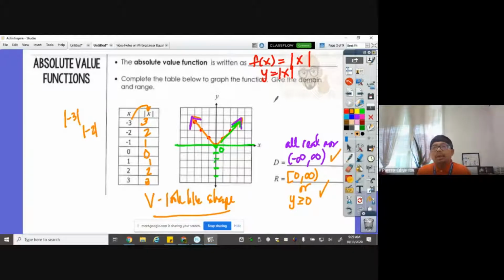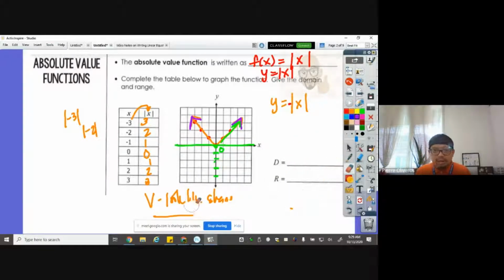But what happens when we have y equals the absolute value of x, but there's a negative outside? This is where the transformation and the movement, the changes in the graph of the absolute value, come in. Obviously the table will be different now.